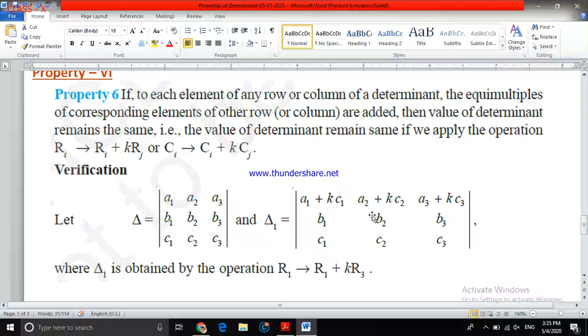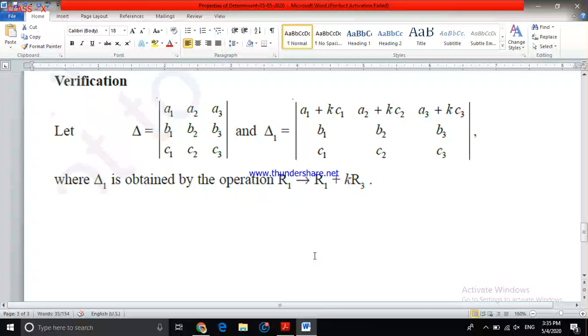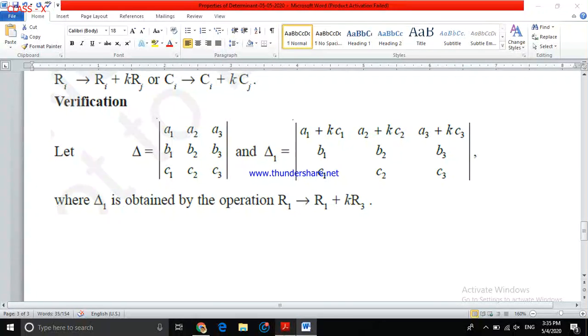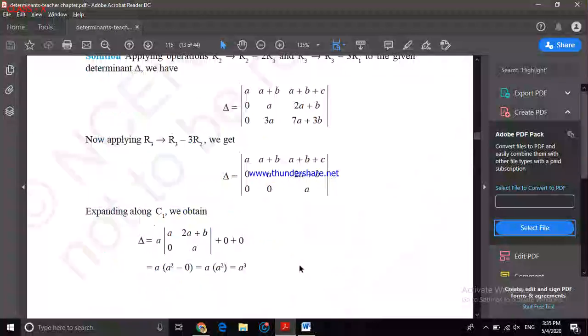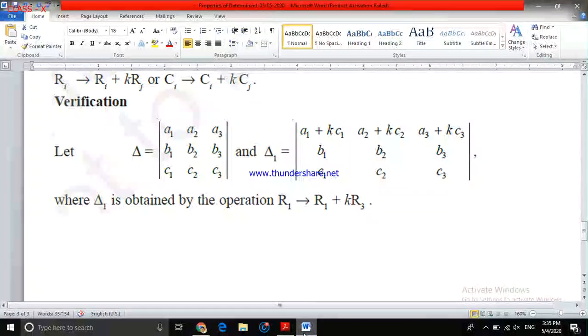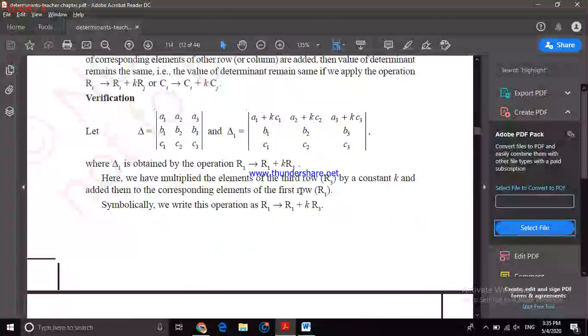Now, how are the determinant of lambda and the determinant of lambda 1 related? Will they remain the same or be different? That's the question. The determinants of these two matrices will remain the same. Let me show why. This is the matrix we are taking.